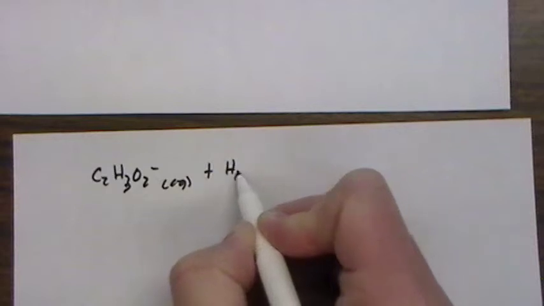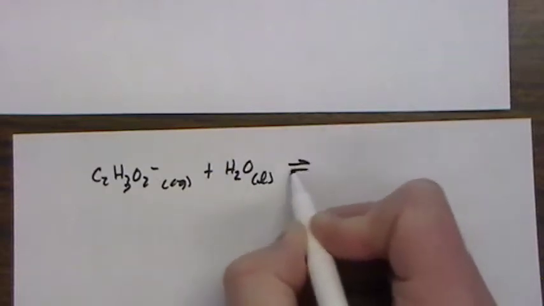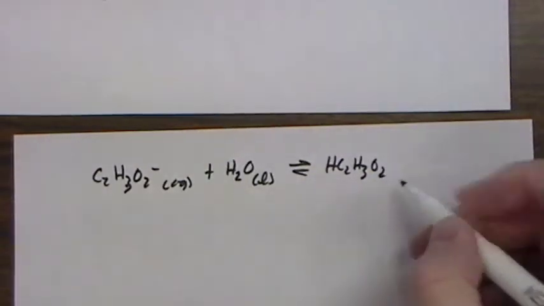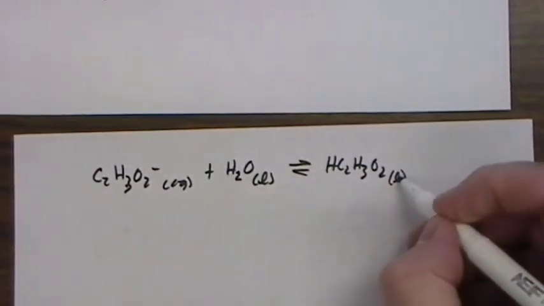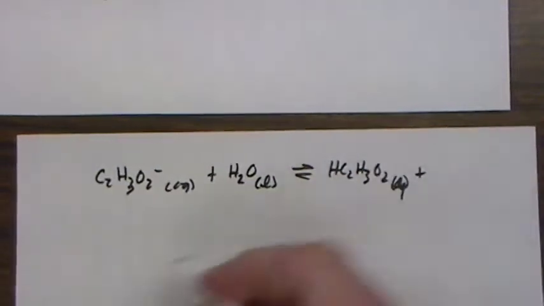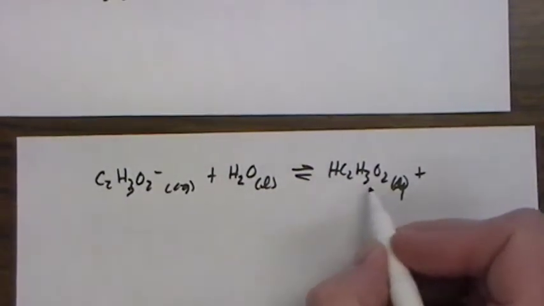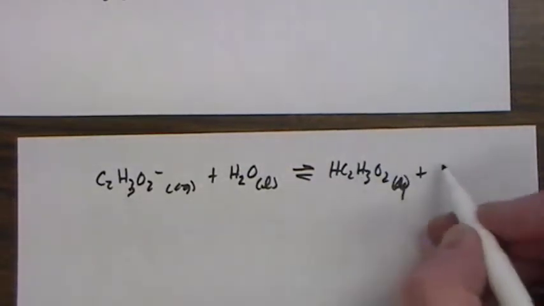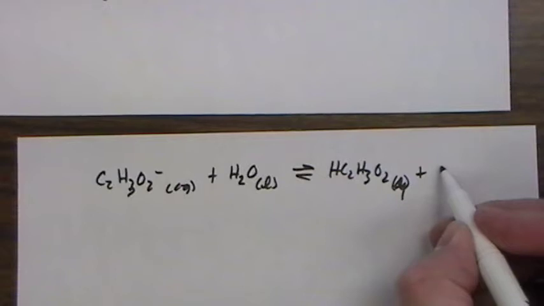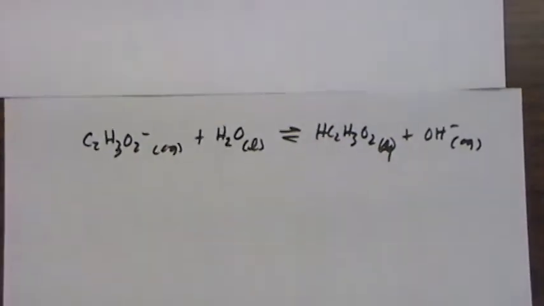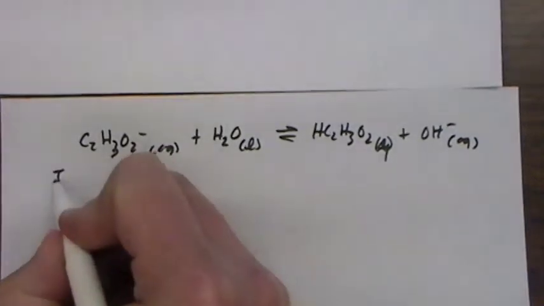It's going to hydrolyze to produce acetic acid. It's an equilibrium, and it's going to lie to the right for now because there was no acetic acid, but it's going to produce some acetic acid and then OH minus. And there's the OH minus, that's why, as I said earlier, it's going to have a pH that's greater than 7.